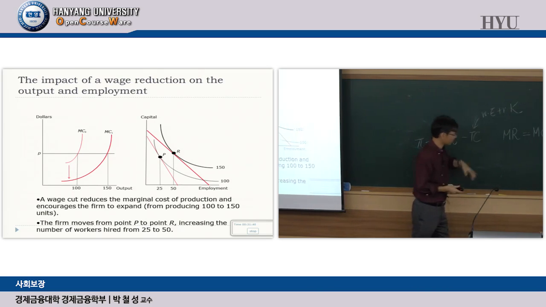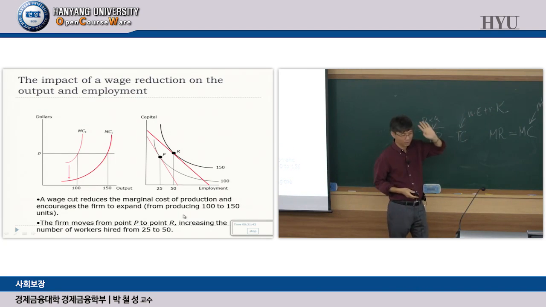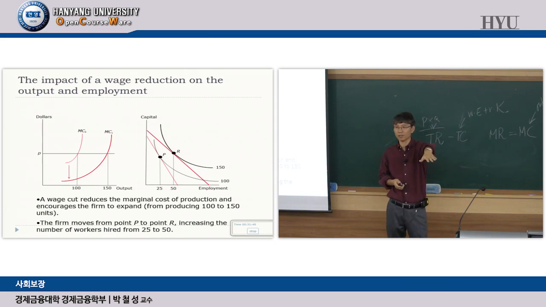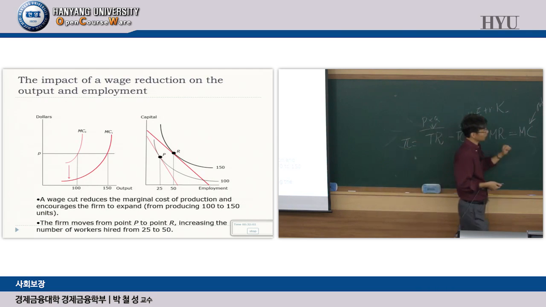So when you think of quantity, we think of marginal revenue equals marginal cost. And then we decide on quantity, and then we look at MP_L over MP_K equals W over R to find the cost minimization, right? It's a two-step process, as I said.